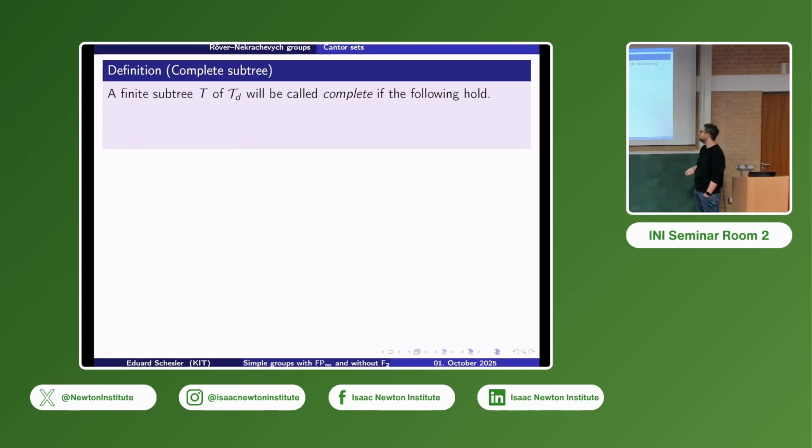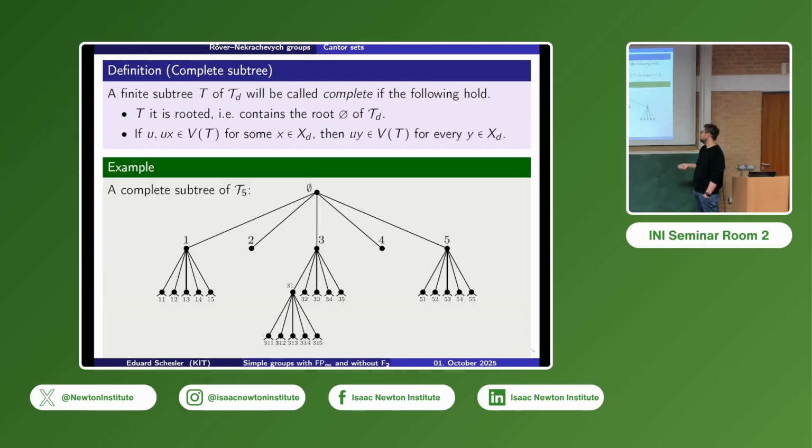Okay, so the last ingredient that we need to define Röver-Nekrashevych groups is complete subtrees. By complete, we mean that, first of all, it is finite. Second, it contains the root. And third, this is where the name comes from, whenever some vertex is contained, it contains all of its descendants.